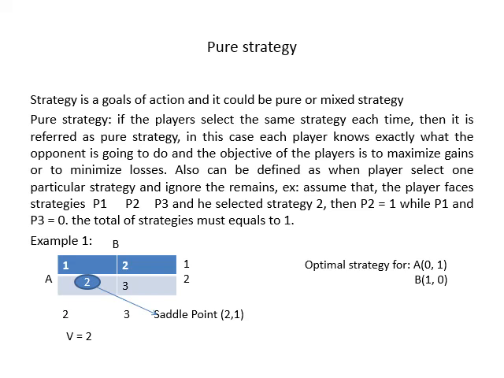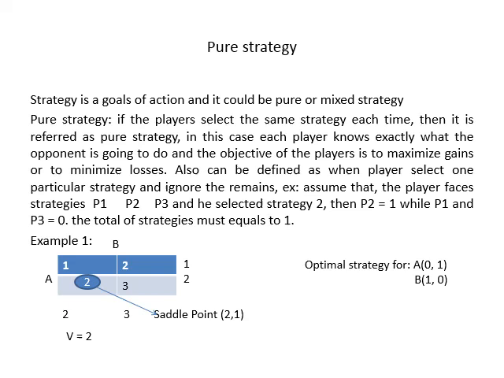For player B, he doesn't care about the second column, but he cares about the first column, because it's the place of the total point.